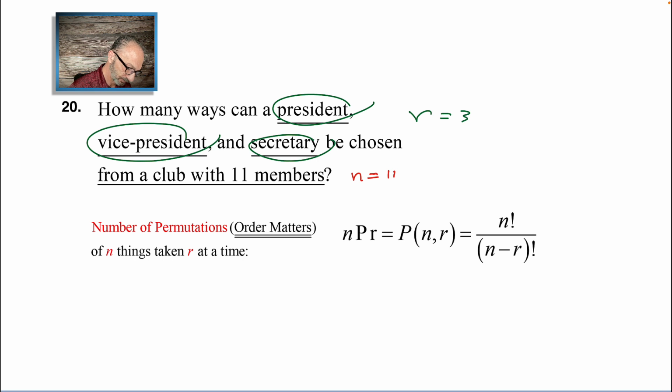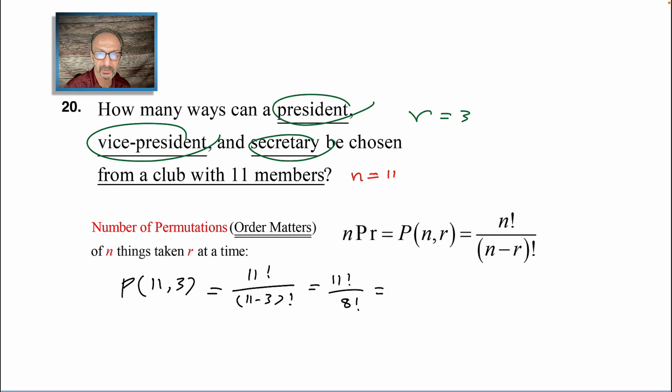Finishing the problem, we could write P of 11, take 3 every time with order matters. How many different ways? We could have 11 factorial over 11 minus 3 factorial, and that is 11 factorial over 8 factorial.